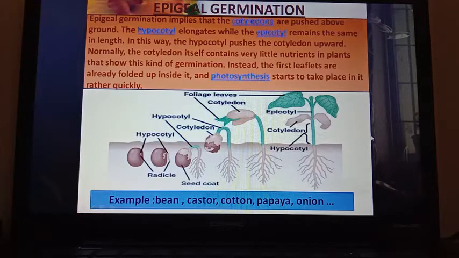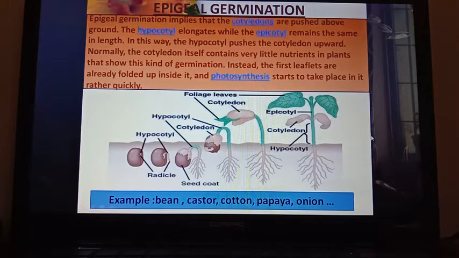In the epigeal germination, the hypocotyle elongates, and in the hypogeal germination, you will see epicotyle will elongate. So just opposite terms. Not the same one.